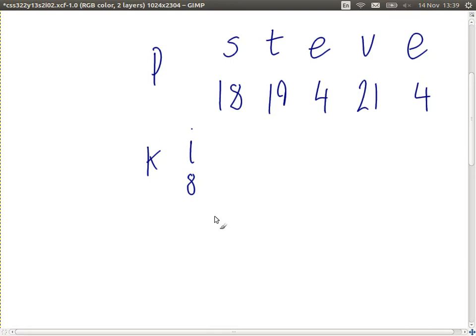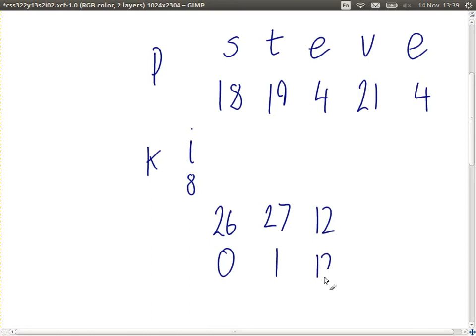So 8 plus 18 is 26. Mod 26 is 0. 8 plus 19 is 27. Mod 26 is 1. 8 plus 4 is 12.